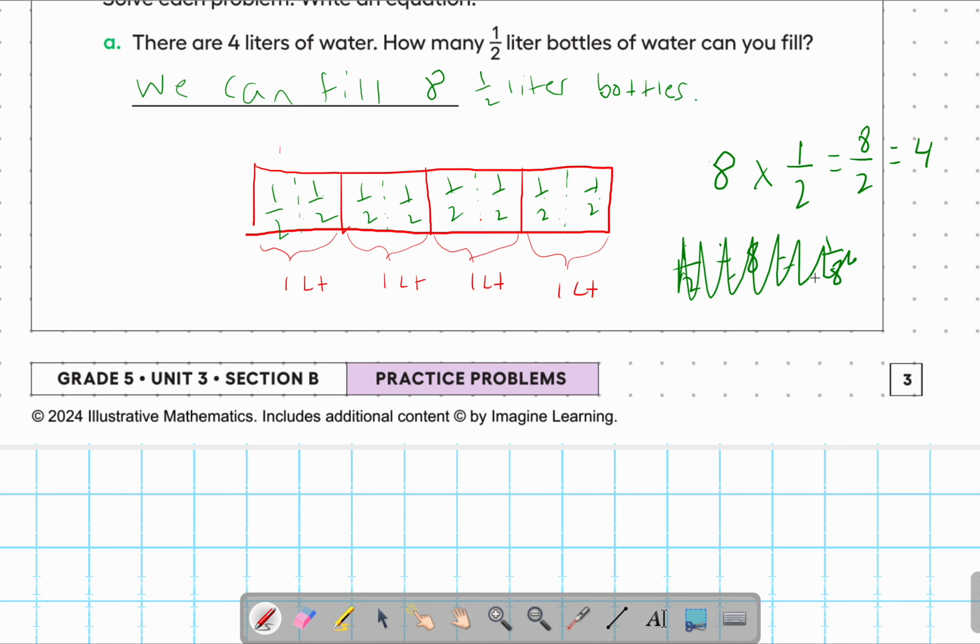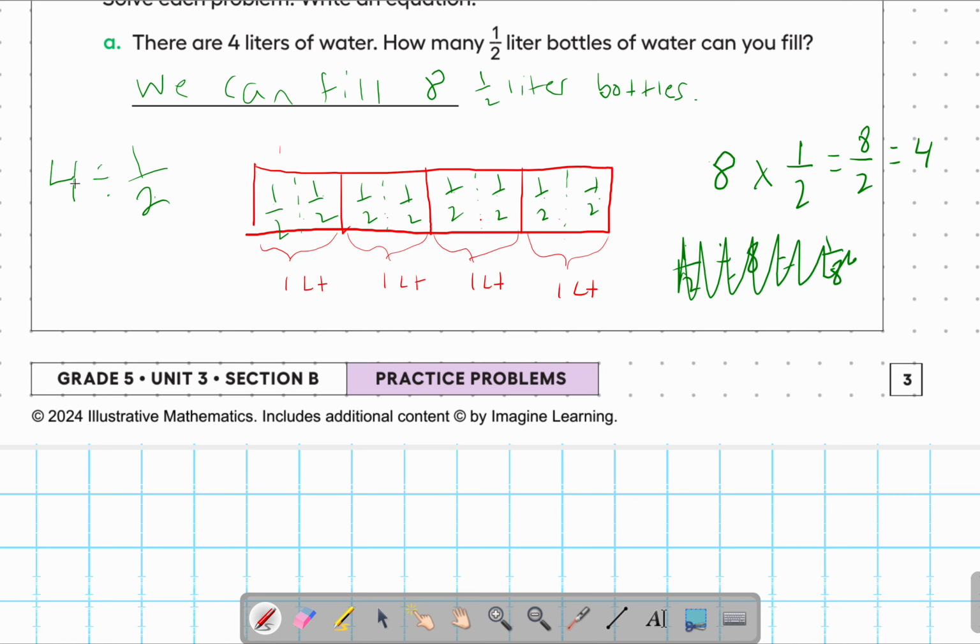It's all wrong. So our division expression for this problem is that we took 4 liters of water and we divided that by half. That's what we did. Let's say that we didn't do this diagram and you notice that you're going to do 4 divided by 1/2.